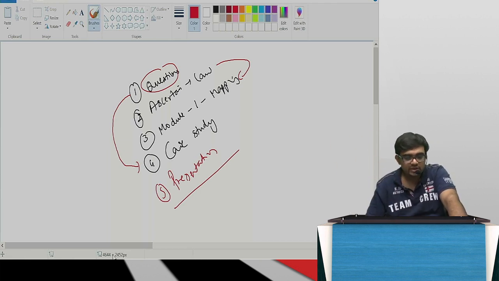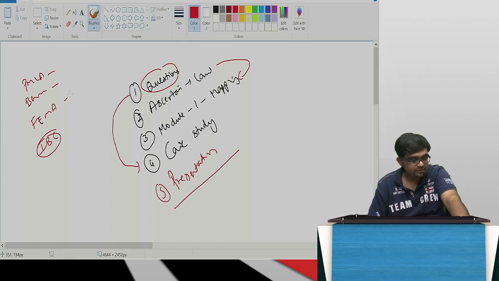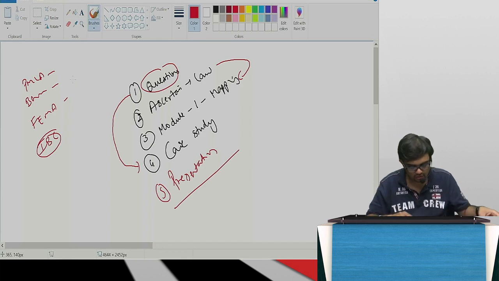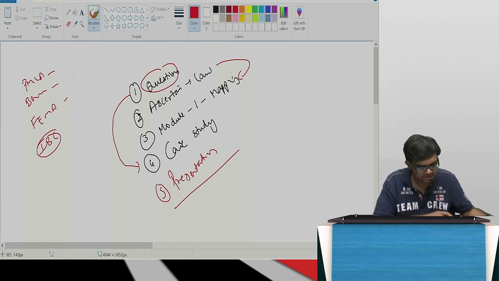So guys, this particular question has PMLA for sure, it has Benami for sure, it has FEMA for sure. One small concept of IBC is also there. Competition Act is not there in this. Did you see anything on the Competition Act? I didn't see anything on the Competition Act.